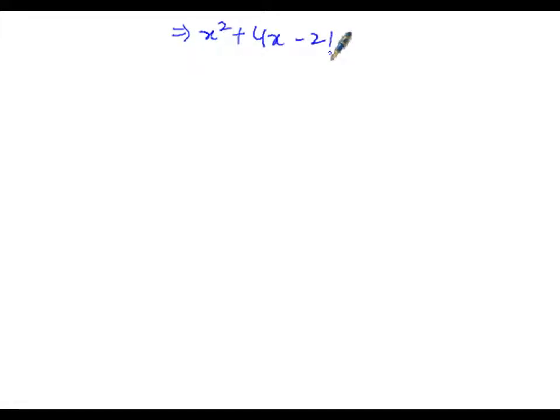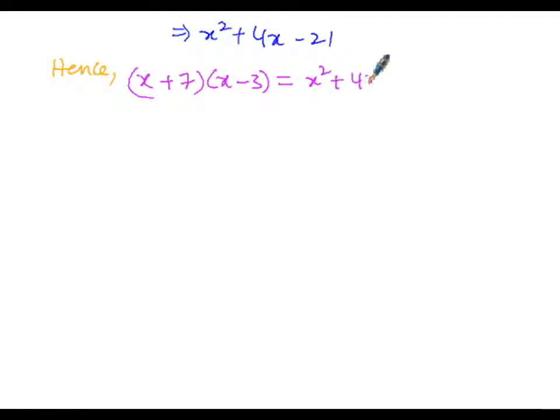So in this manner we got, hence, the product of x plus 7 into x minus 3 is equal to x square plus 4x minus 21. This is the result, the product which we got by multiplying the two polynomials, one is x plus 7, the other is x minus 3.